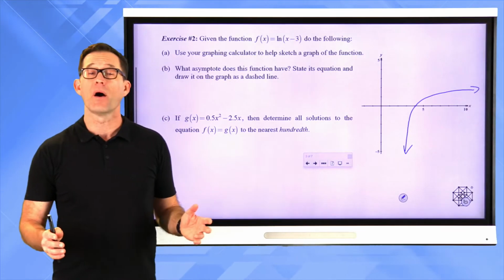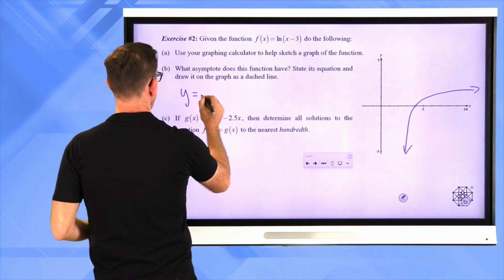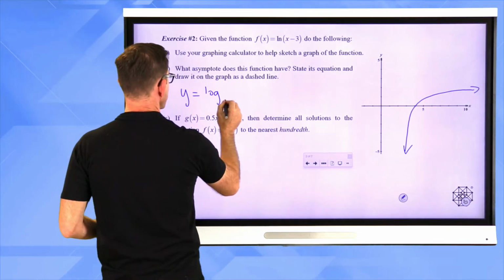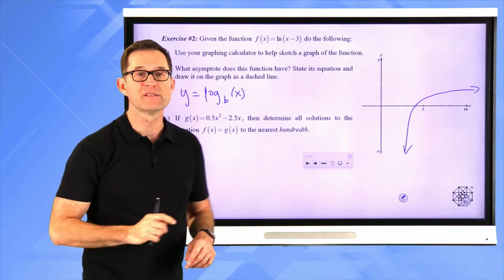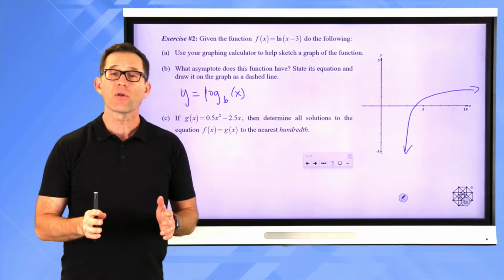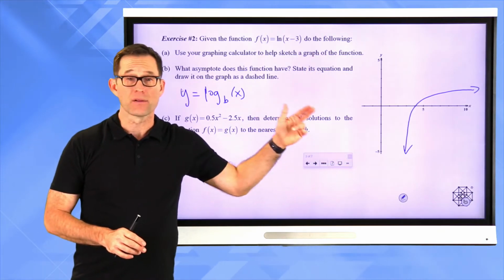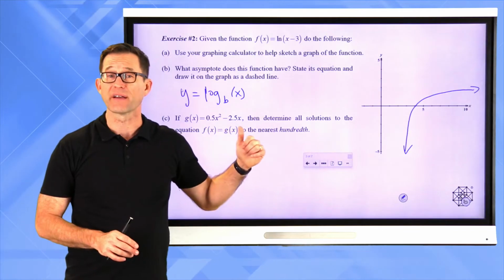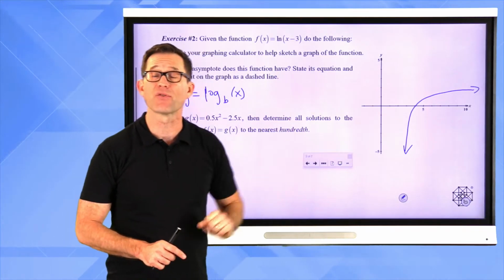All right, well, keep in mind that all logarithmic functions that look like this, the log base b of x, have a vertical asymptote of the y-axis. Now, that includes y equals log base e of x, but this is one that has been shifted by 3 units to the right.